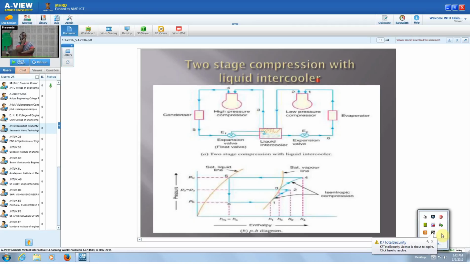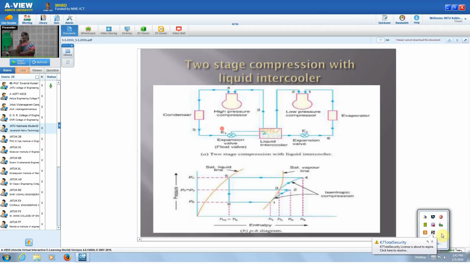So this is the two-stage compression with the liquid intercooler. There are two compressors and in between there is an intercooler. What is done here is, the compression takes place in the first compressor.